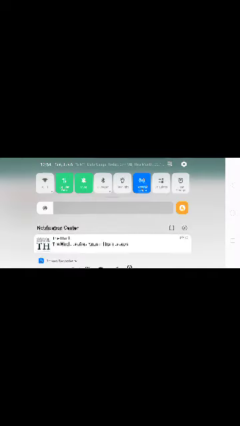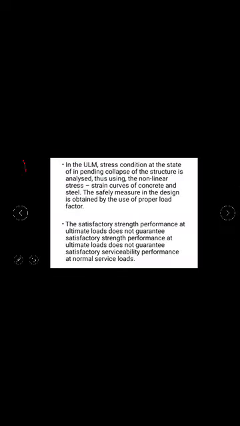In the ultimate load method, the term load factor has been traditionally used. What this load factor denotes is the ratio between the collapse or ultimate load and the working load. The knowledge of load factor is more important than the knowledge of factor of safety, because in the former case the designer is able to predict the excess load beyond the working load which a given structure can carry without collapse.